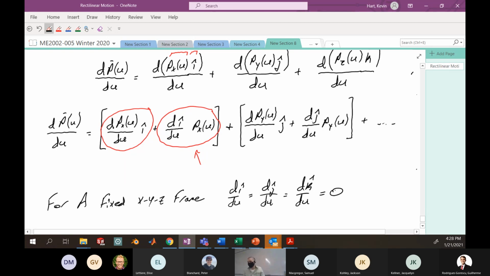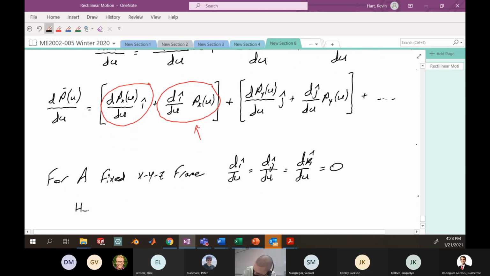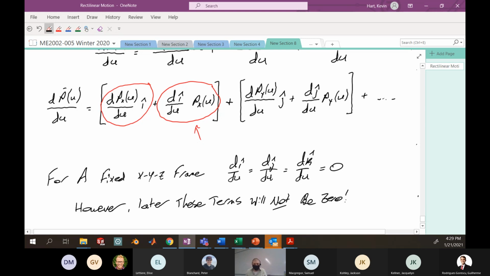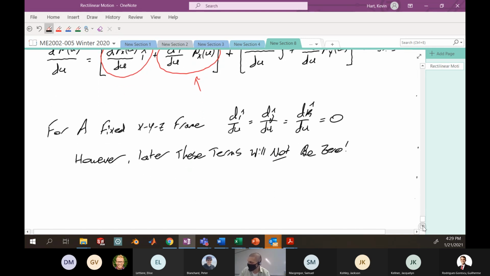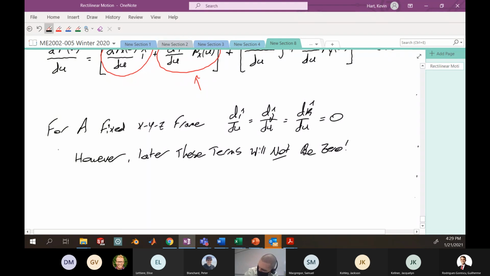However, later we will start talking about motion in rotating frames. Okay, and so when I start incorporating these terms, and you're like, well, where did that come from? Okay, well, now you know. So we'll just say, for this fixed XYZ frame, this is true.